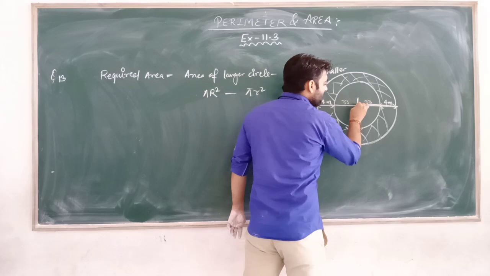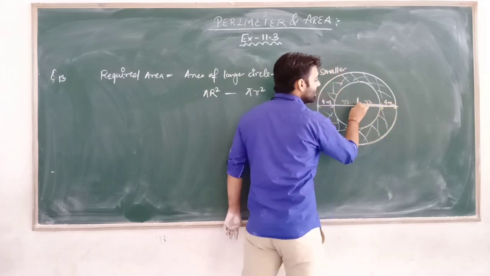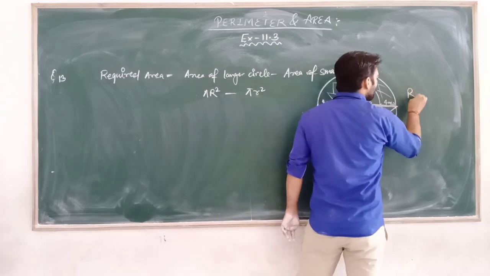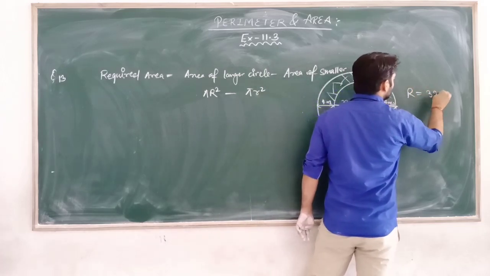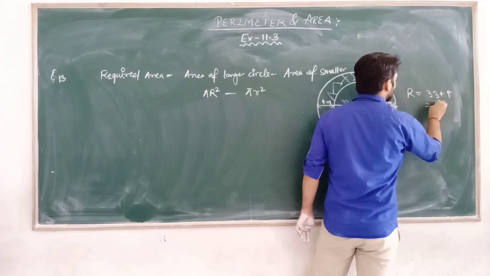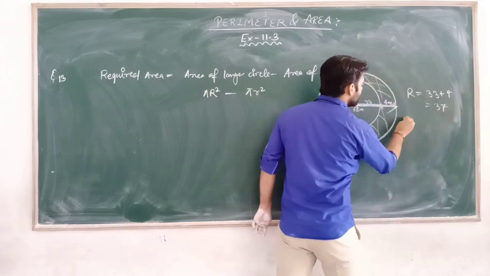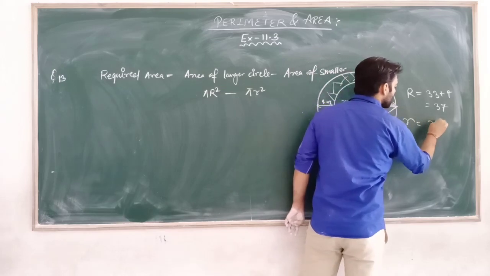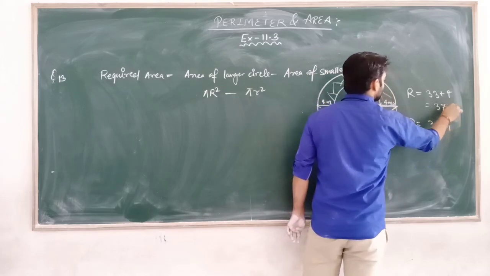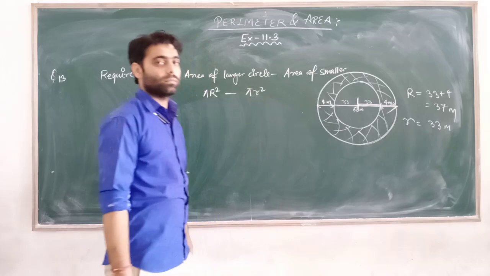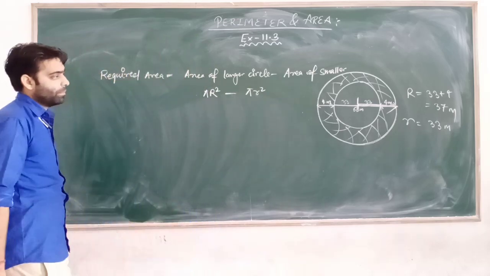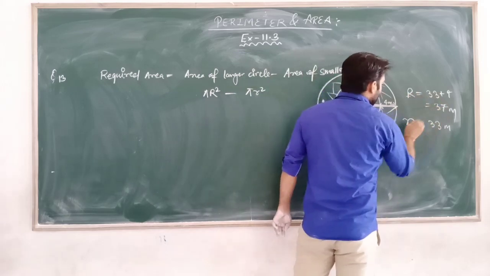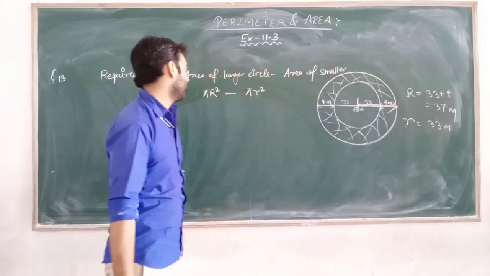For the larger circle, the radius will be this: capital R equals 33 plus 4 equals 37, and the smaller circle's radius is only 33 meter. Capital R will be 37, small r equals 33.